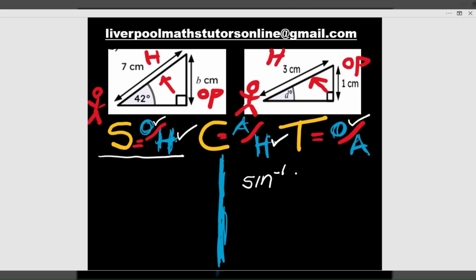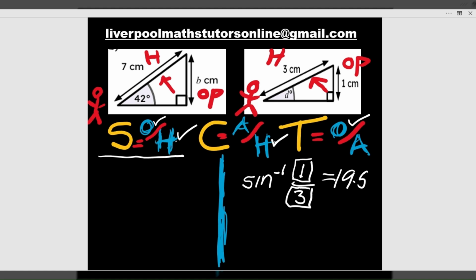So you need to put in opposite, which is 1, divided by the hypotenuse, which is 3. Now, if you've got the fraction button on your calculator, it's easy to just put it in that button and press equals. So this one comes out as, right, it's 19.5 degrees.